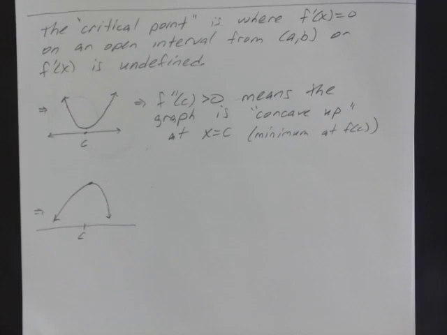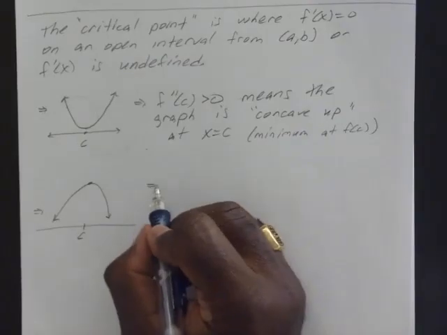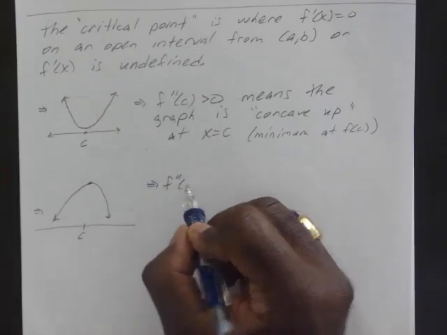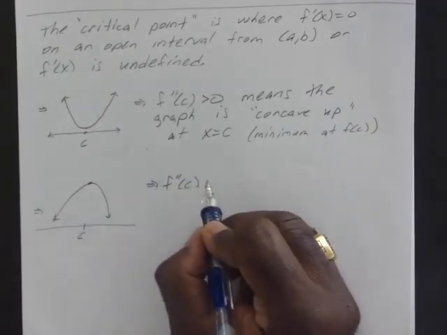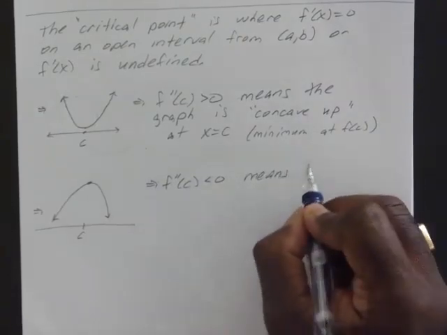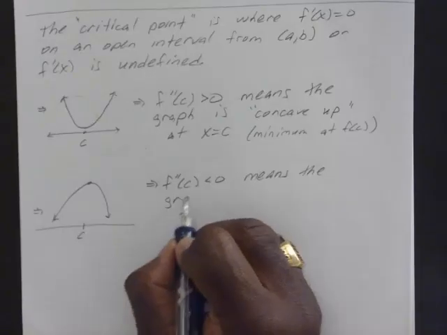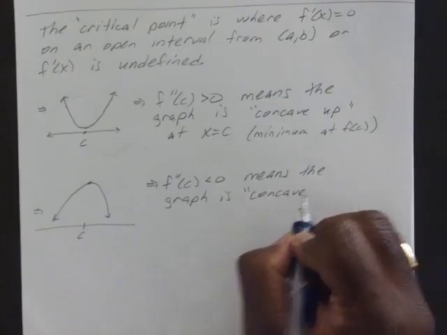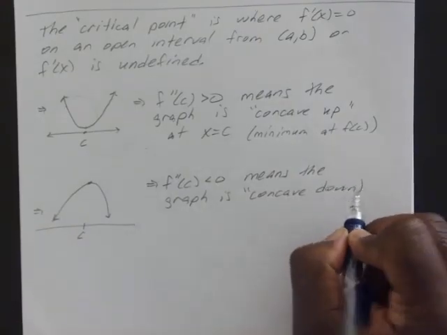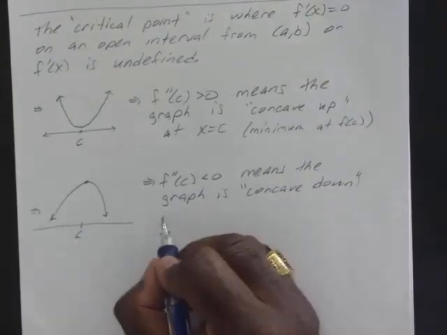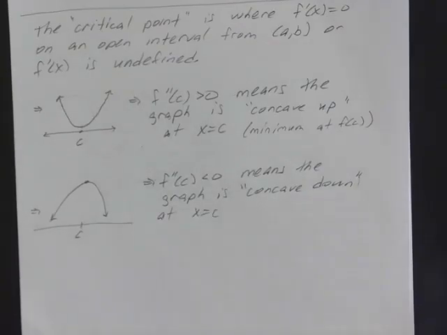So that means the rate of change of the tangent line, or the derivative of the first derivative, is negative because it's decreasing. So that means if at that point C, that second derivative is less than 0, that means the graph is concave down at x is equal to c.